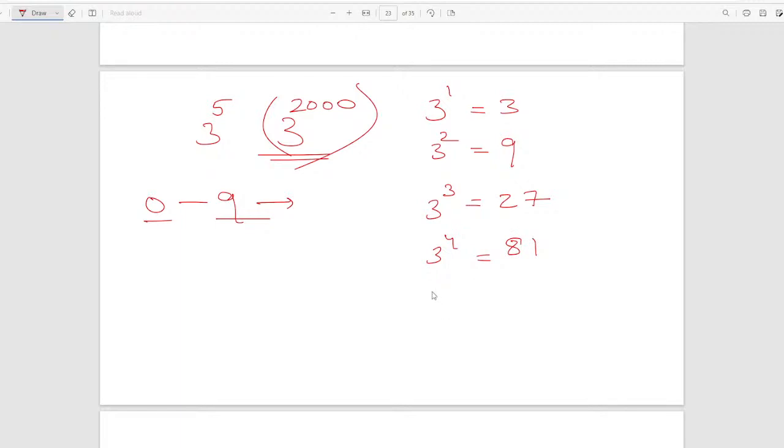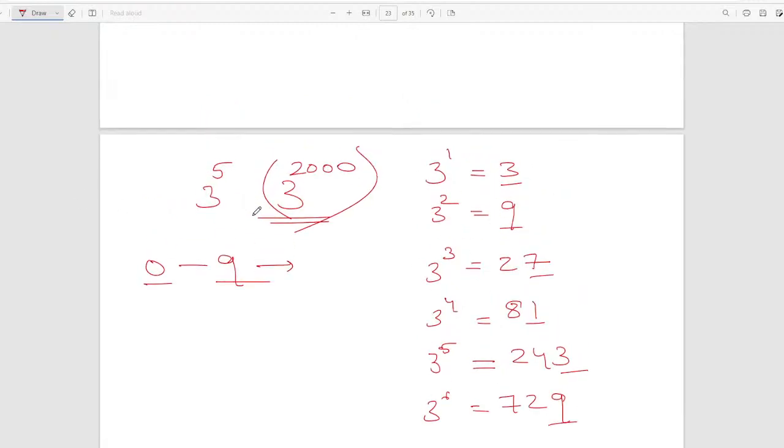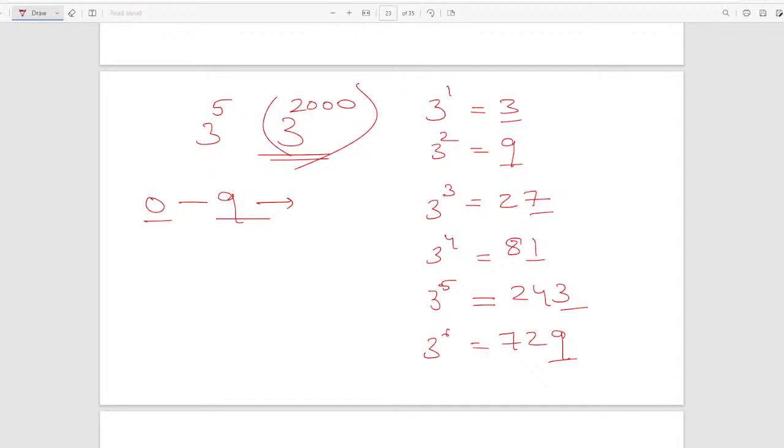After this, if you go again, 3 raised to 5 would be again into 3, that is 243. And if you multiply this again, it will be 729. So the unit digits here are 3, 9, 7, 1. Again, this will be 3971. So the unit digits will repeat when the power of 3 increases.